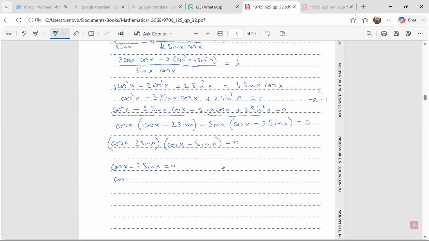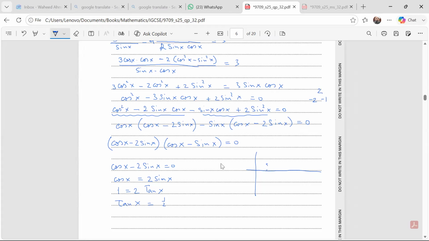So from here cos x equals 2 sine x, and if I divide by sine x, it will become cos over sine. Okay, let's divide by cos x. That will become 1 equals 2 sine over cos, which is tangent x, or tangent x is equal to 1 by 2. And if you remember the tangent x graph, it is like this.